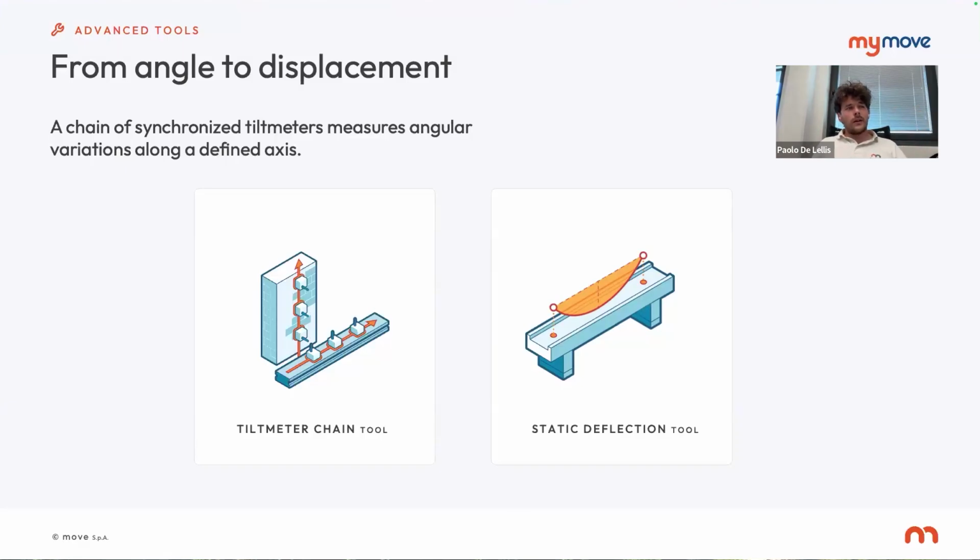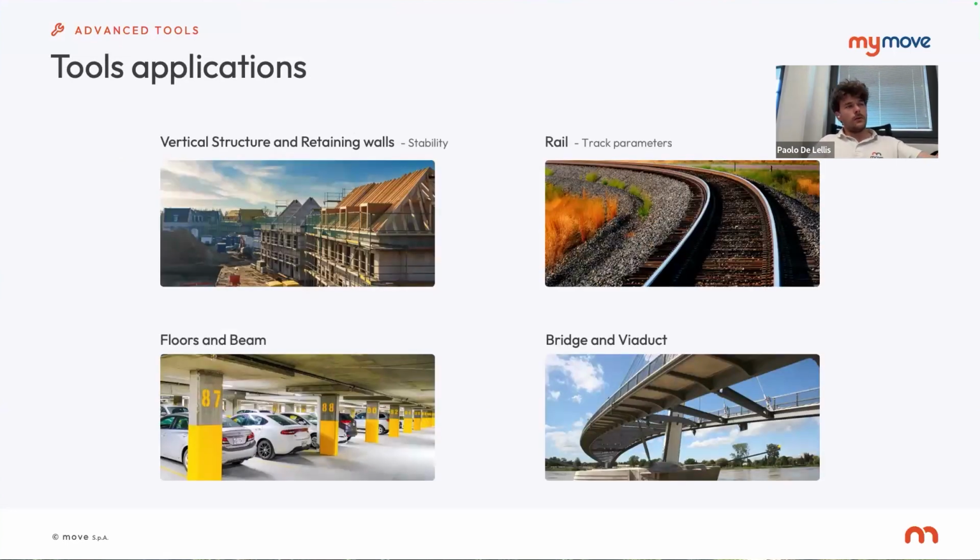These two tools, starting from a chain of tiltmeters, allow you to obtain a displacement in two different ways, of course. But you can use these two tools in different applications. I show you some examples.